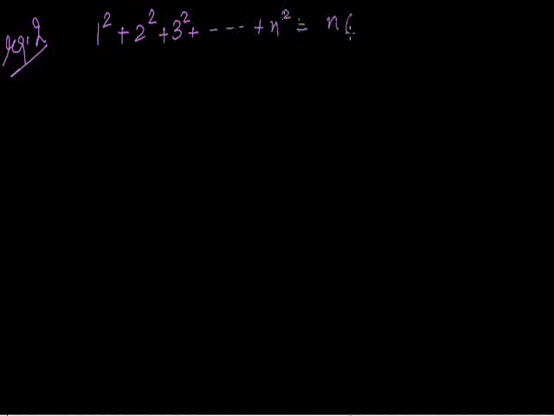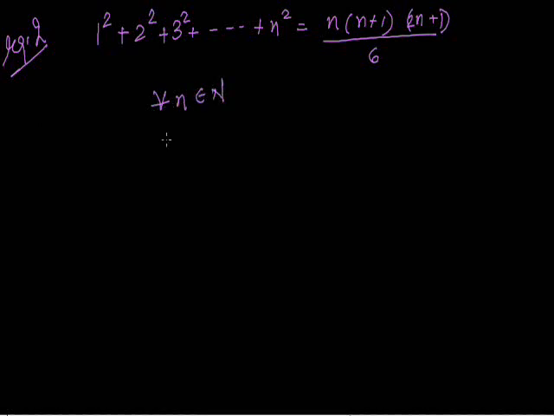So we'll start with the second example. In the second example, what we have is 1 square plus 2 square plus 3 square plus so on up to n square is equal to n into n plus 1 into 2n plus 1 by 6. You have to prove it for all values of n belonging to natural numbers.